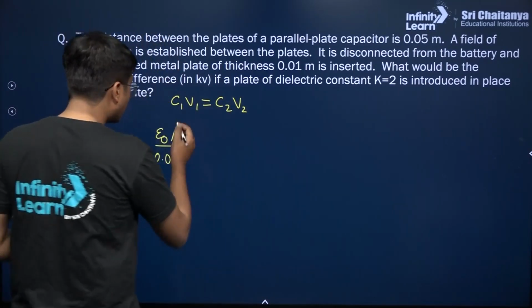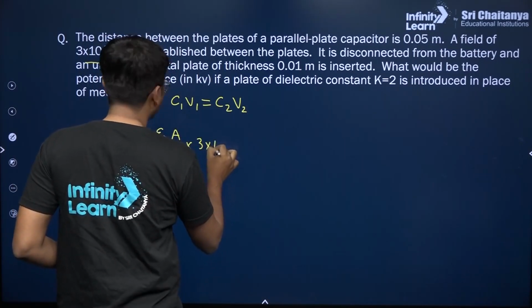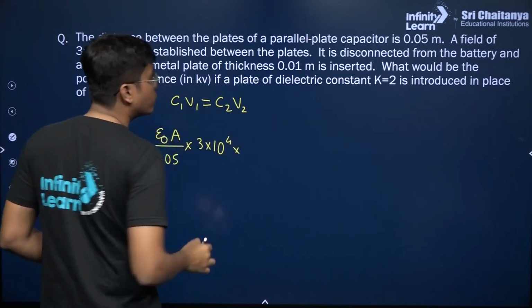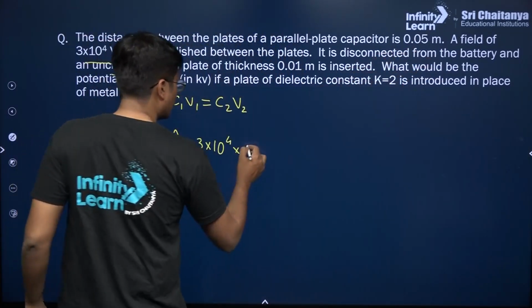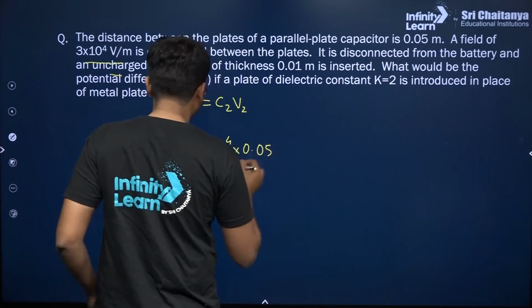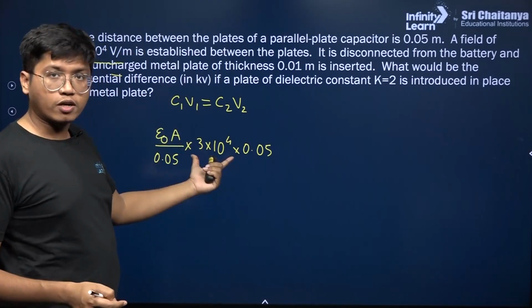So electric field is 3 into 10 to the power 4 multiplied with 0.05. These are eventually going to cancel out anyway, but this is C1 V1 on this part.